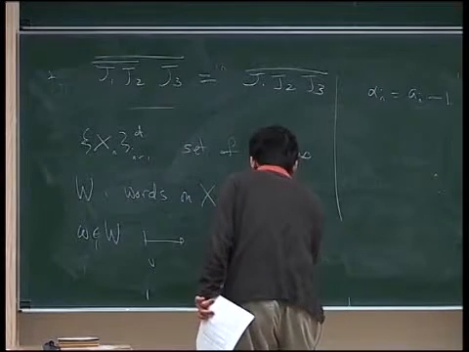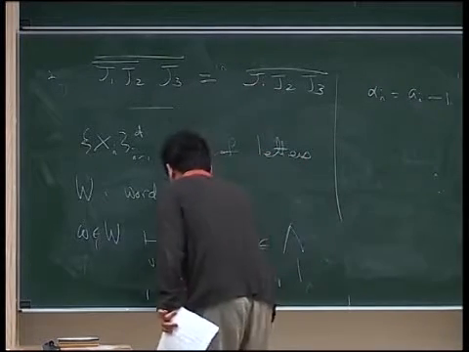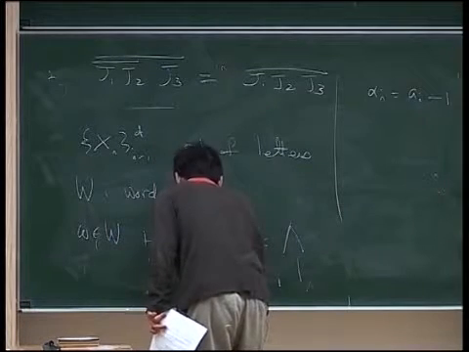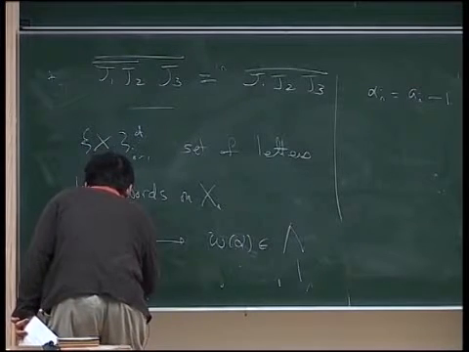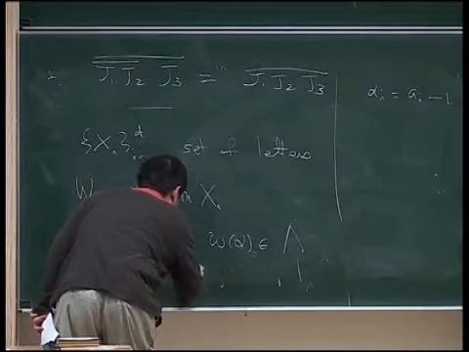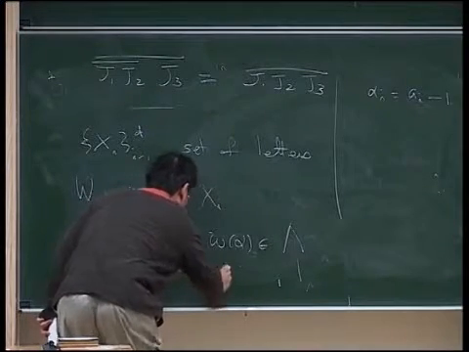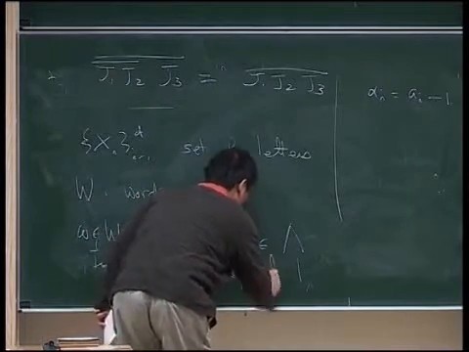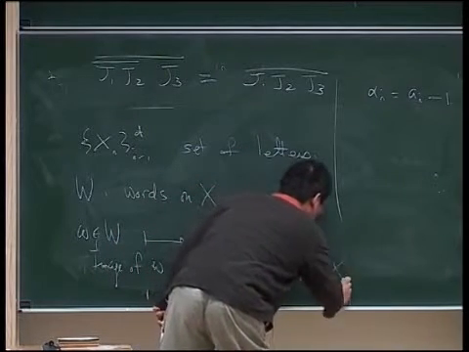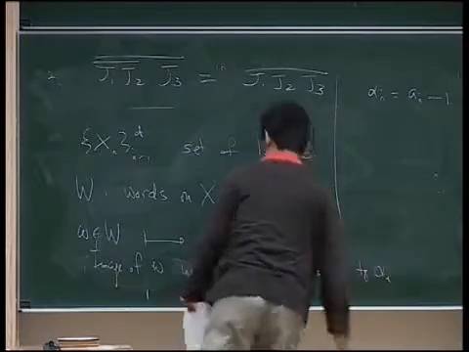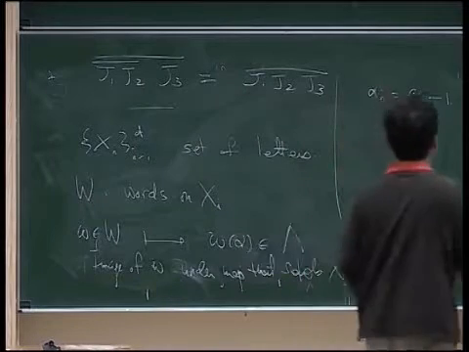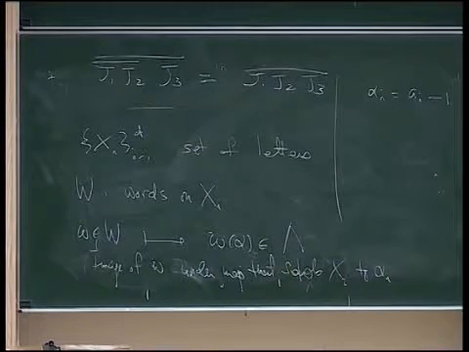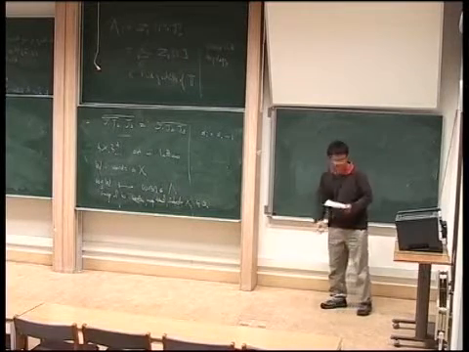This is the element of lambda obtained from the word by sending, so this is the image of w under the map that sends x_i to alpha_i. To say this precisely, I have to talk about the monoid of words and things like this. I will just say it slightly informally this way.